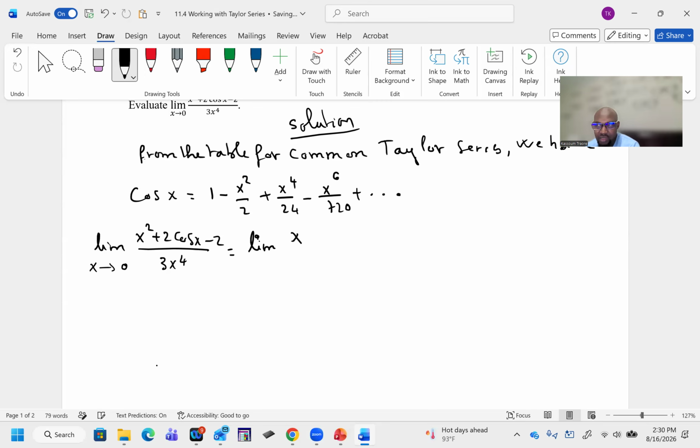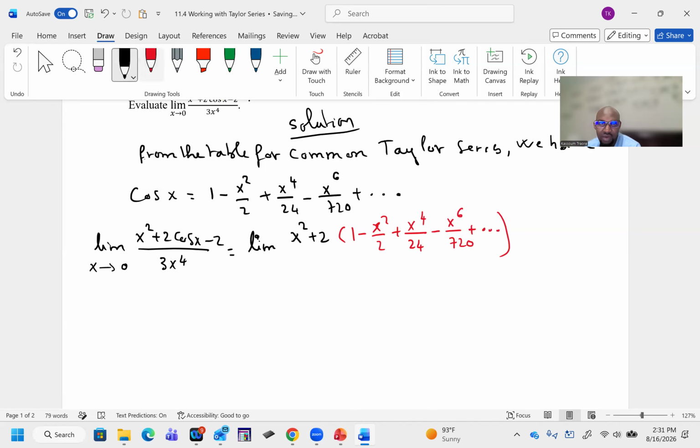So x squared plus 2 times cosine of x, which is 1 minus x squared divided by 2 plus x to the power of 4 divided by 24 minus x to the power of 6 divided by 720 plus so on.